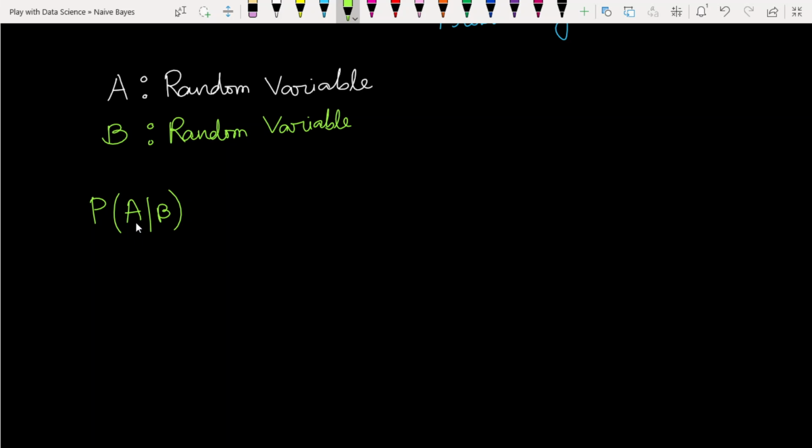This means, for an event that is taken by A, and already happened event that is taken by B. Let me write it down first, then I will discuss everything step by step.